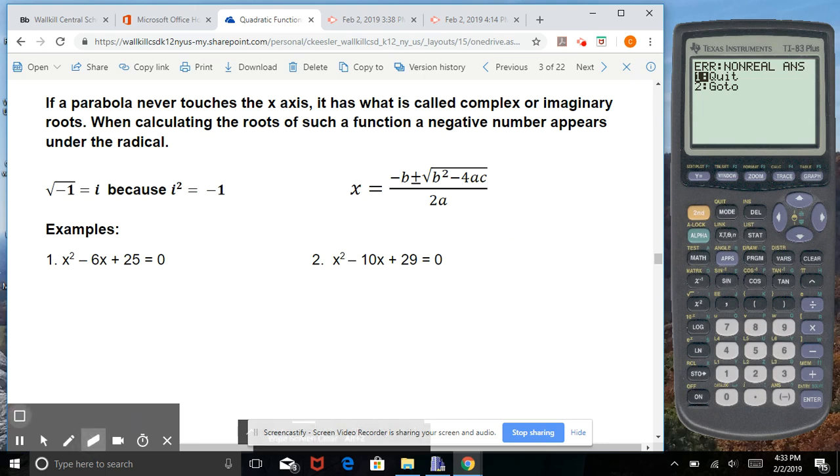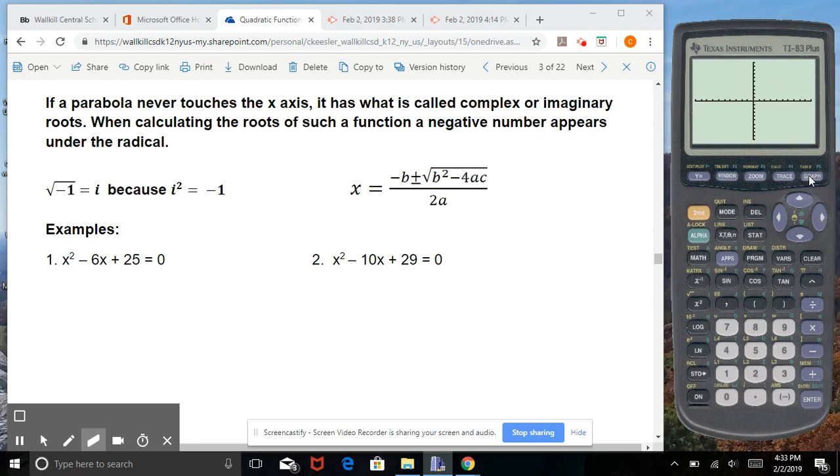So for number 1, I'm going to prove to you first that it has imaginary roots. If we go back to our calculator and type in the equation for number 1, we have x squared minus 6x plus 25. We pull up the graph, not second, just graph.